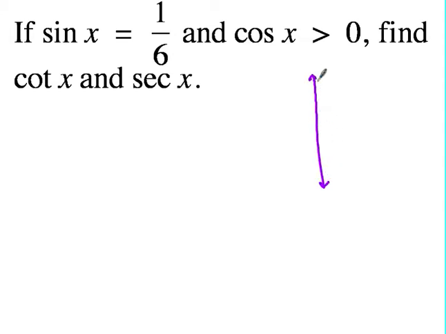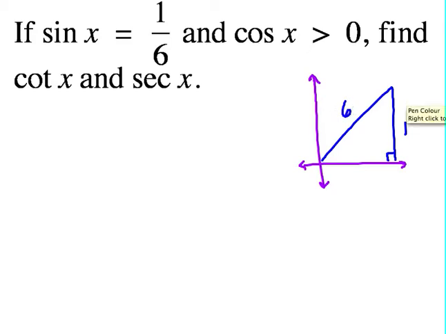So we're in quadrant 1. Okay. So let's draw a triangle. Sine is 1/6. So what does that tell me? Yep, 1 over 6.